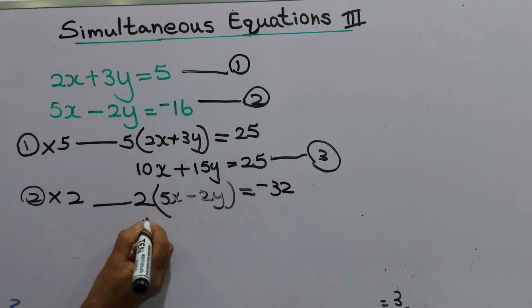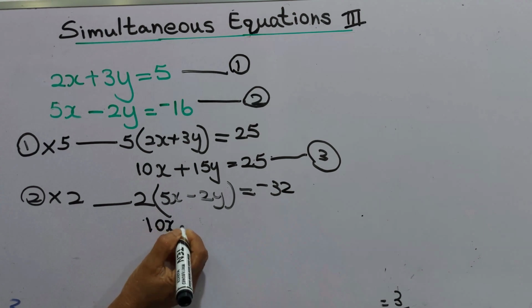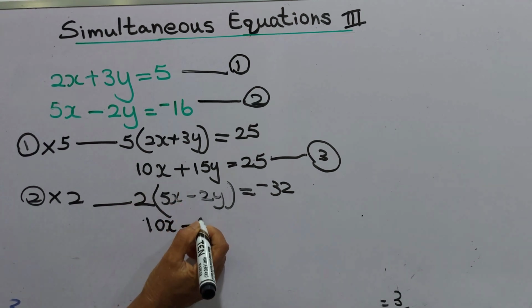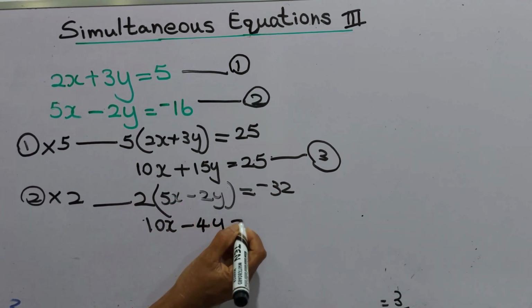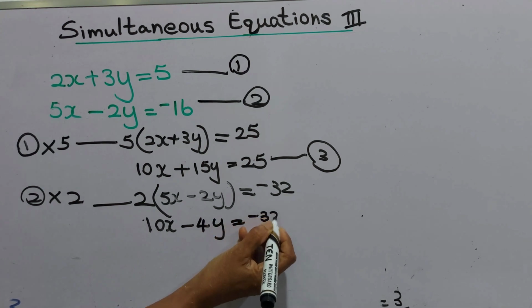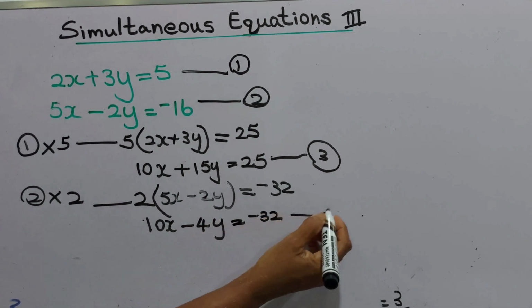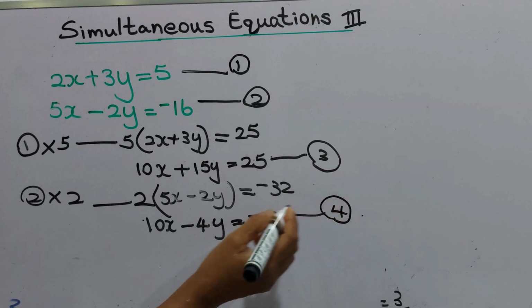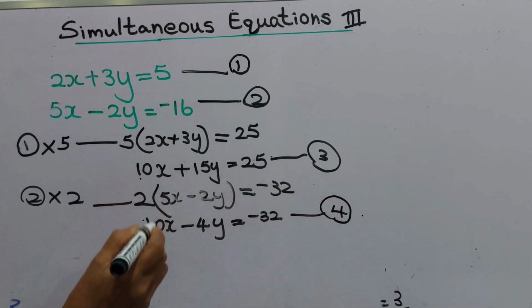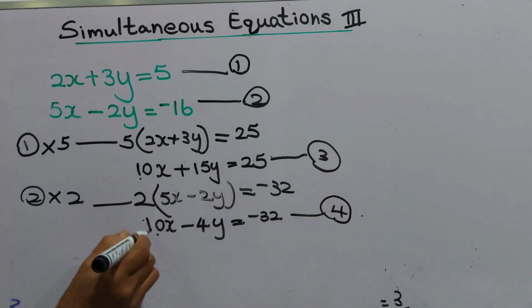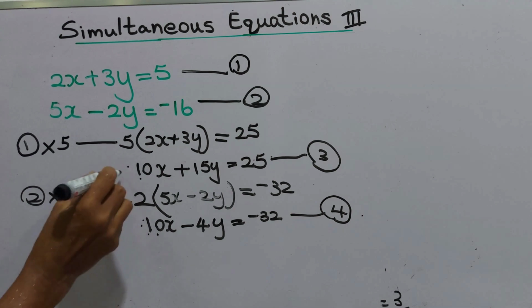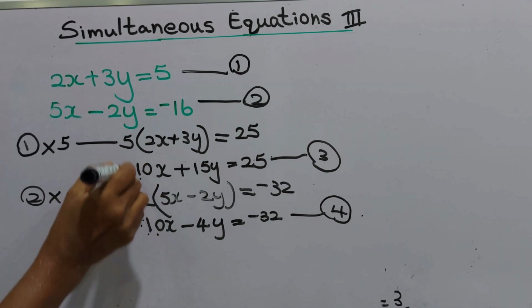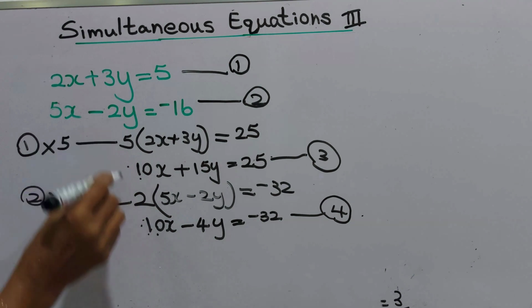So 2 times 5x is 10x, minus 4y equals minus 32. We label it as 4. Then there's 10x here and 10x here, so we can eliminate these two.